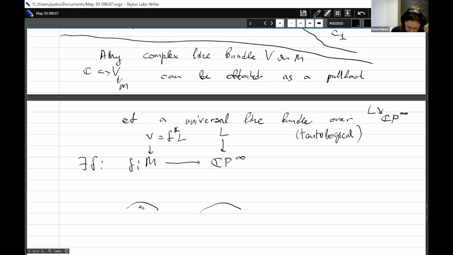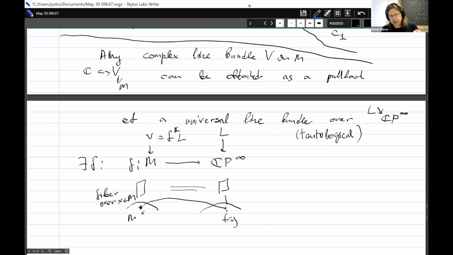We have a map f, and for a point x in M we consider the fiber over x, take it to f of x, and identify it with the fiber over the image f of x. This way, it pulls back the bundle from CP infinity to M.